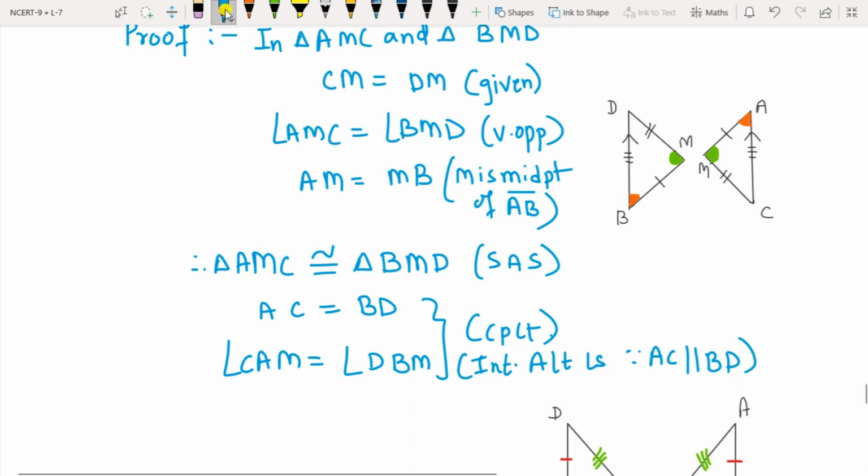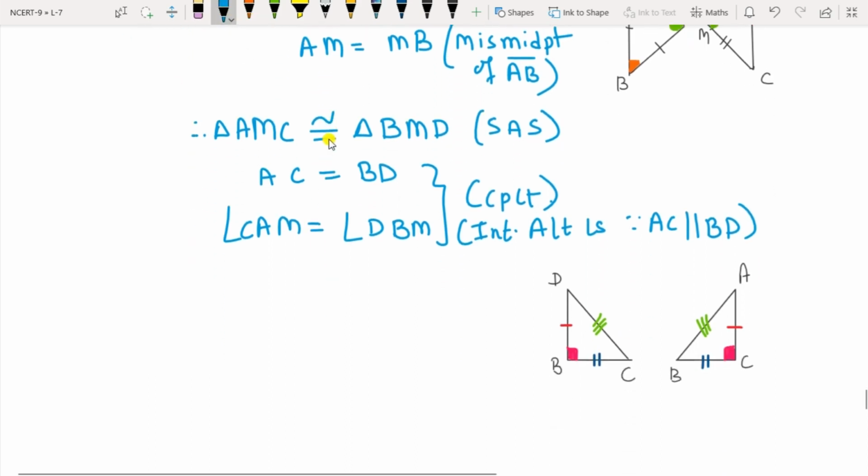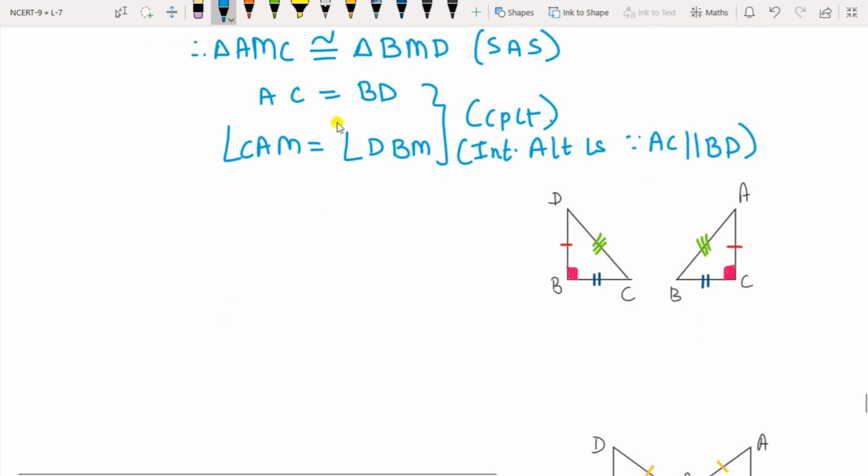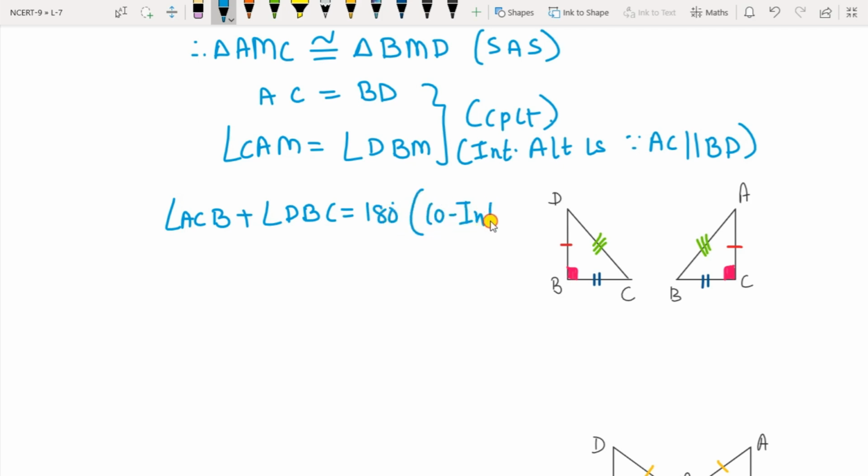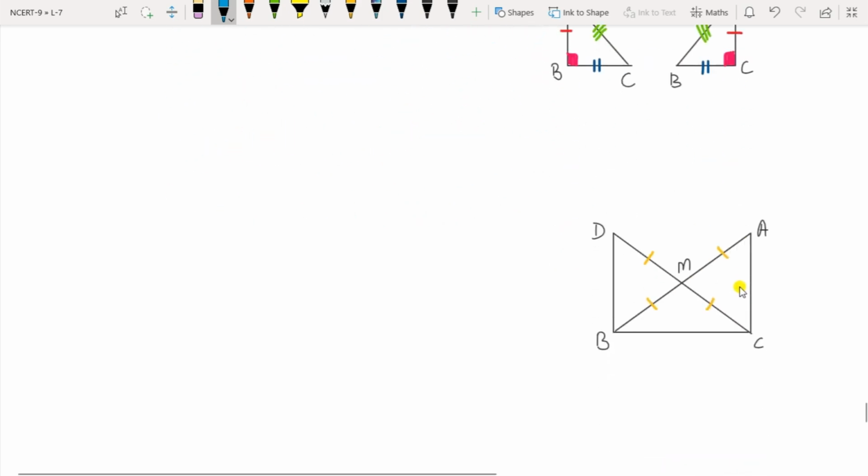Now, next thing is, we have to prove that angle B is 90. This one we have to prove that it is 90. Since C is given as 90, we have to prove this also as 90. The second thing. So, let us consider here angle ACB plus angle DBC equal to 180. These are co-interior angles. According to the figure, this angle and this angle are co-interior. You can see this is the figure.